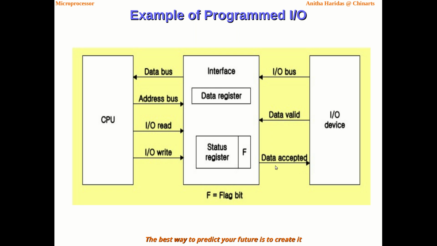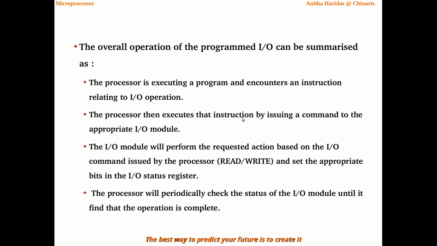In the same way, if it is an output device, what will it do? A data accepted signal will be sent. Once the data accepted signal is sent, the output device will receive the data from the data register. So this is what you call programmed input output. These are the different operations done during the programmed input output data transfer.